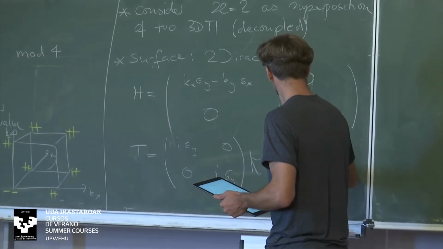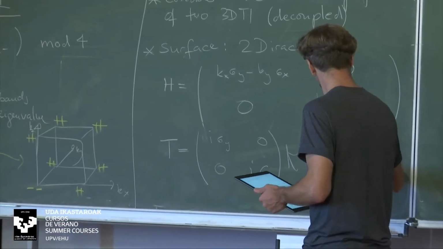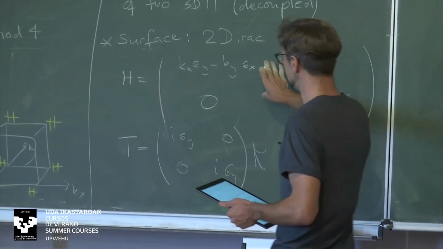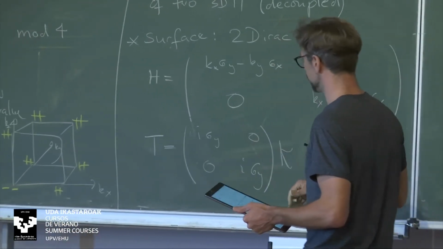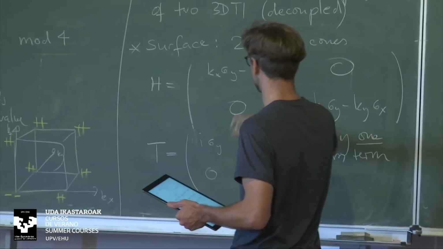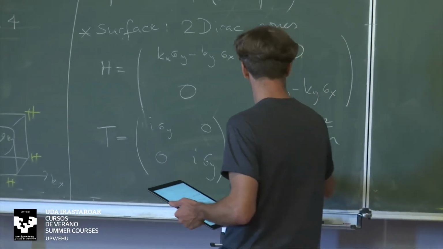So there's only one mass term. And what I mean by mass is in the sense of the Dirac equation, a term that I can add here that, of course, commutes with time reversal, is constant, and anti-commutes with these kinetic matrices so that it actually opens a gap.